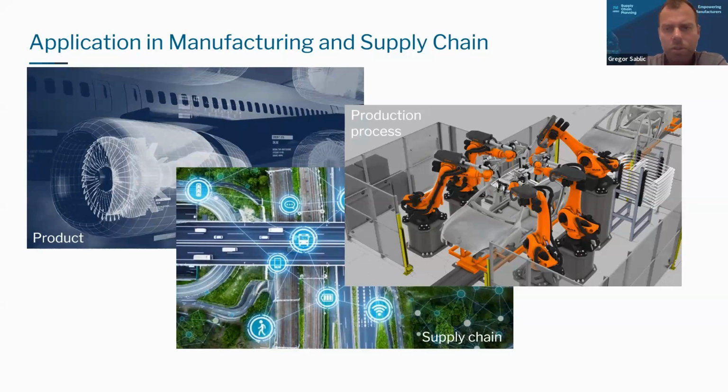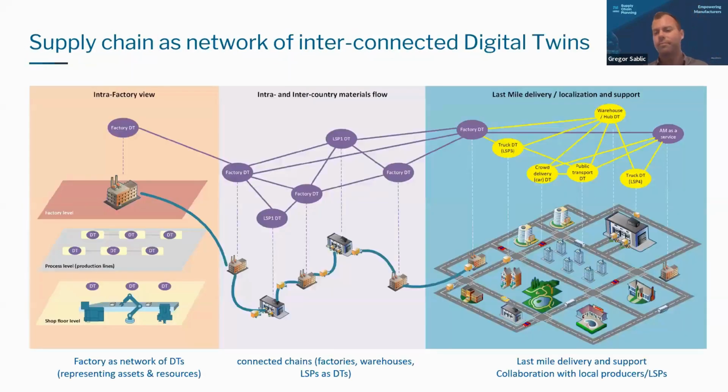So to focus more on supply chain, we have a network of interconnected digital twins through the whole supply chain. So from the plant, so the factory has one network of digital twins, to a network of different plants and more, let's say, assets connected together, to the end, to the last mile delivery and support.